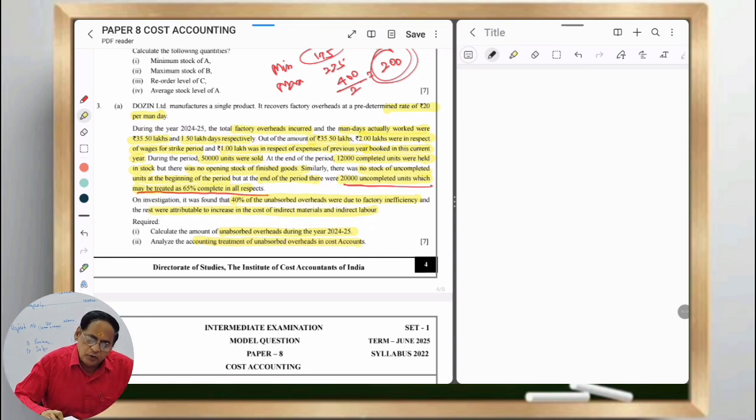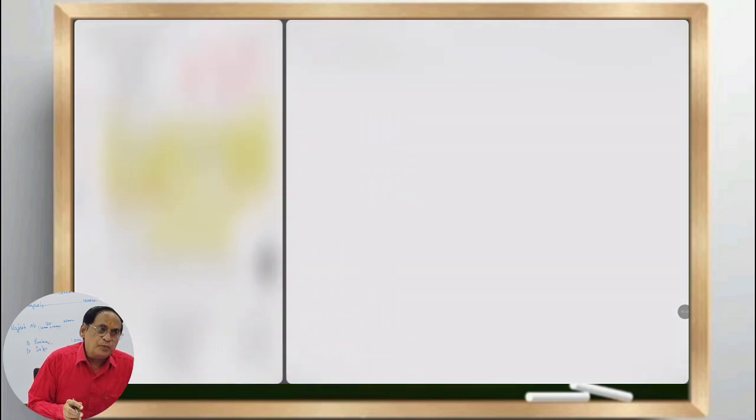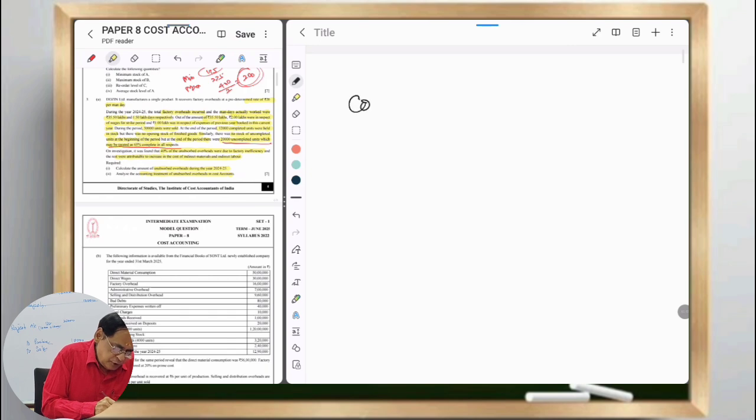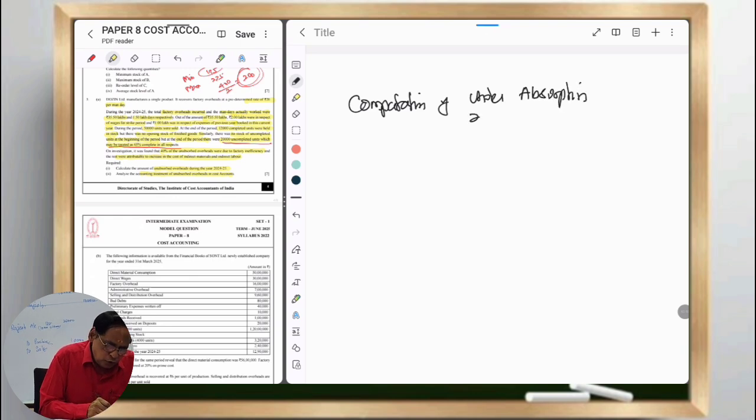So we have to find out, first let's prepare the computation of under absorption for 2024-25.